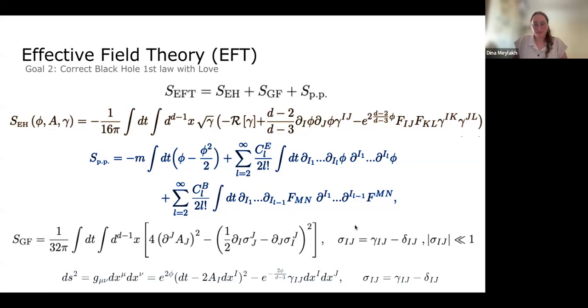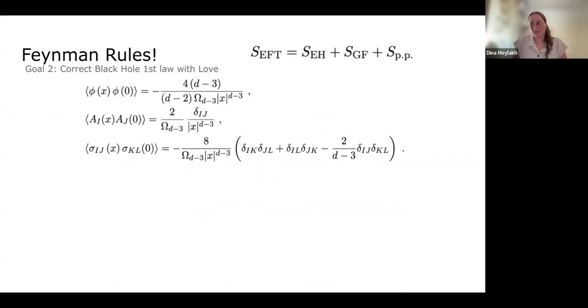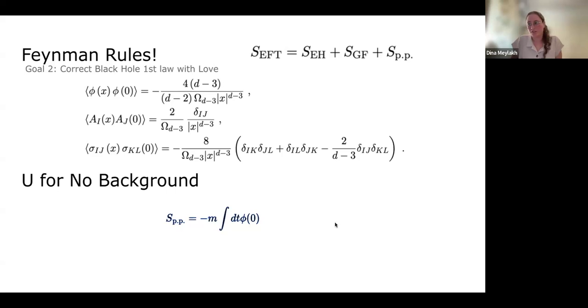Okay, so we have an effective field theory action, and so we can write the Feynman rules, write down the propagators and the vertices, and carry out all our calculations. I'm not going to write all the Feynman rules, but let's see how this works for calculating the energy for no background. For no background, the only part of the point particle action that's relevant to us is just the monopole mass.